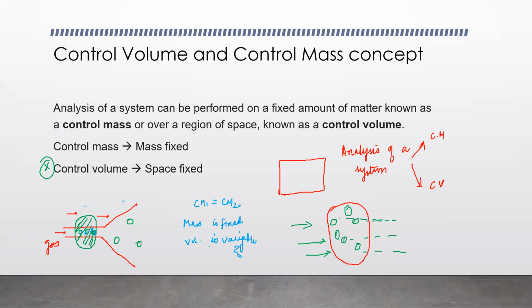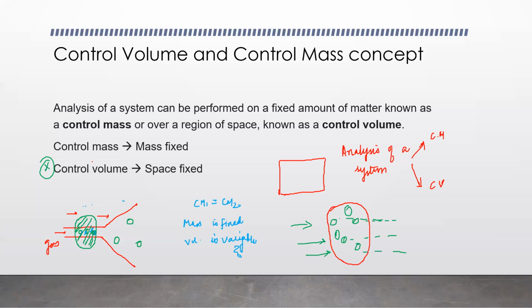So keep in mind, whenever we are using a control volume approach, mass might vary, but the volume is fixed. Whenever we are using a control mass approach, mass is always fixed and volume might vary. However, at steady state, a control volume approach is usually reduced to a control mass approach.